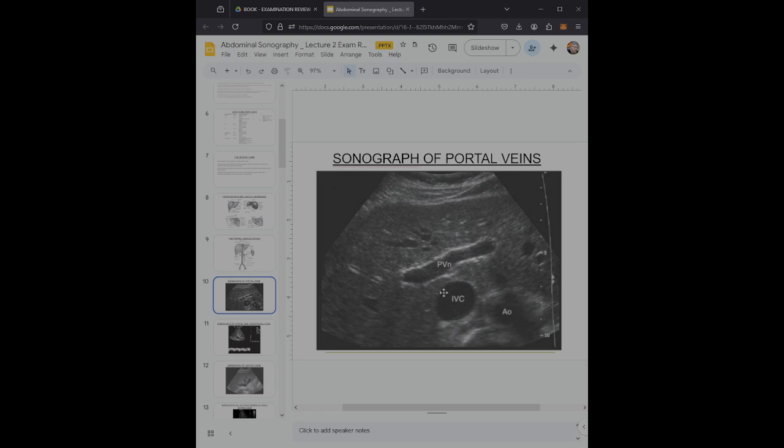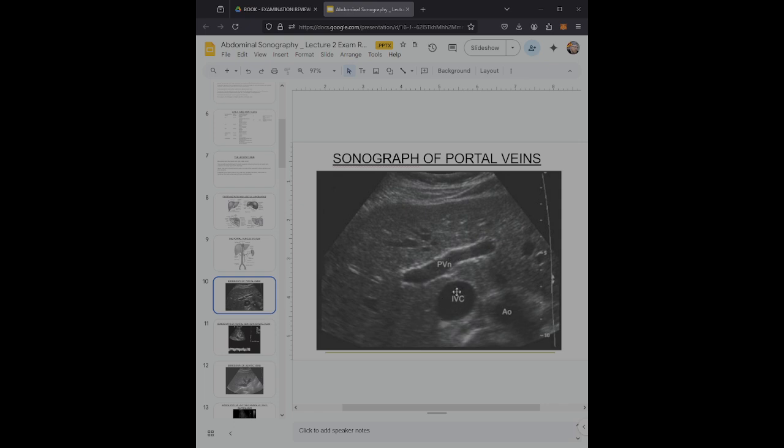We can see the inferior vena cava in short axis, and we can see the aorta in short axis, and we can see the portal veins in long axis, identified by their echogenic walls, and the echogenic probably due to an increase in collagen or fat in its walls.